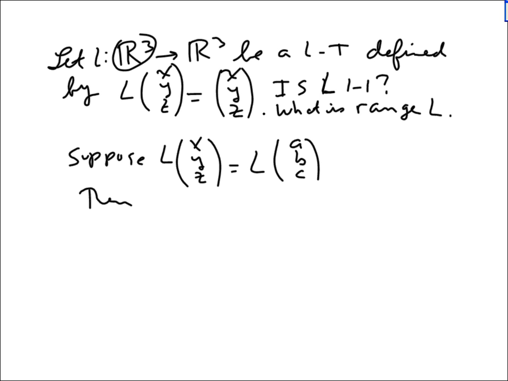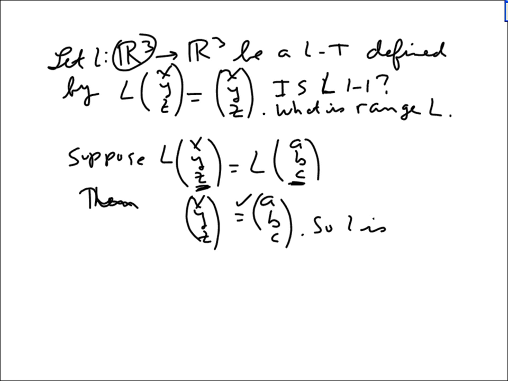Well, in this case, L is the identity mapping. L of X, Y, Z is X, Y, Z, and L of A, B, C is A, B, C. These two vectors are equal. So L is 1 to 1.